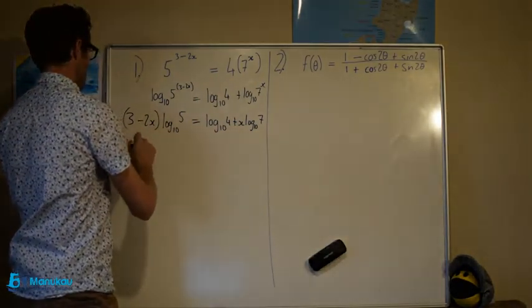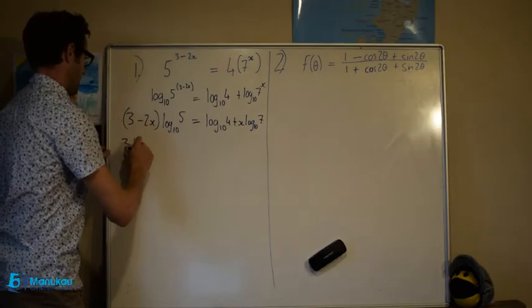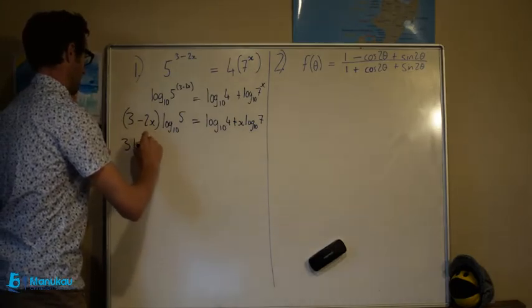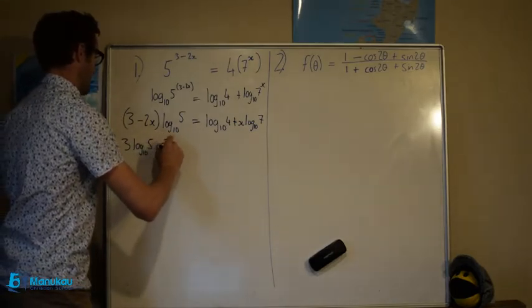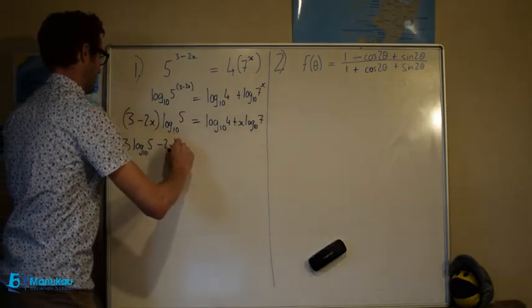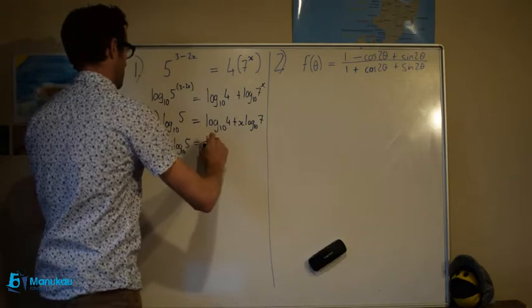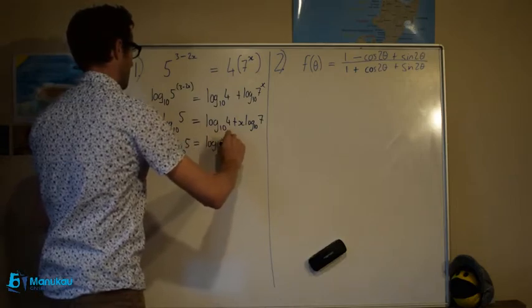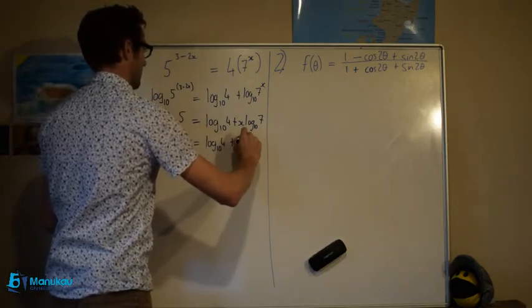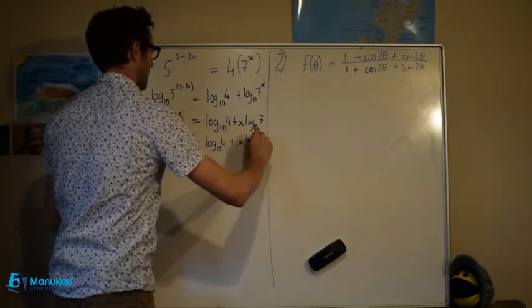So I'm going to have 3 log base 10 of 5 minus 2x log base 10 of 5 equals log base 10 of 4 plus x log base 10 of 7.